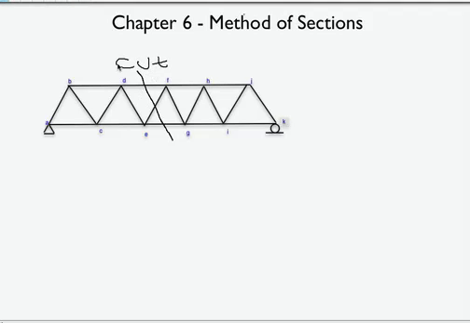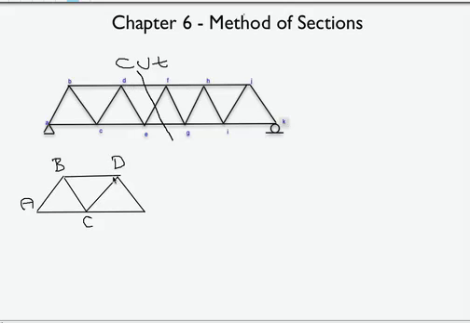That lets me draw the free body diagram of just the piece that we cut loose. So this is A here, B, C, and D, and then we cut through DF.